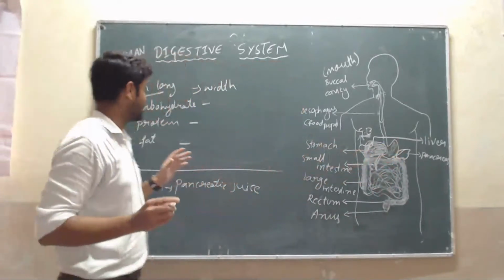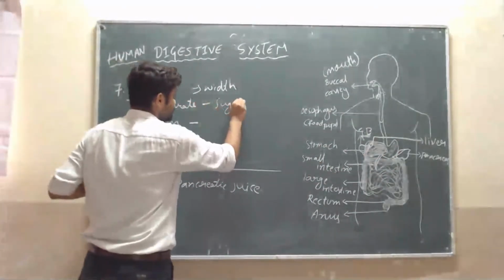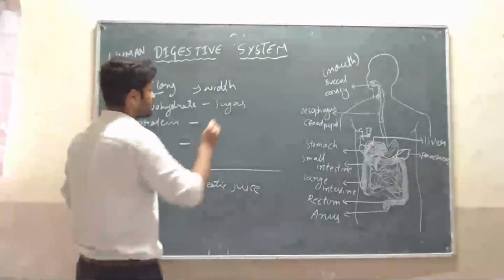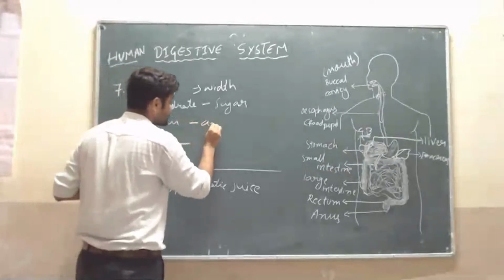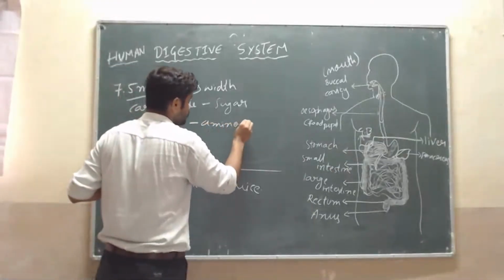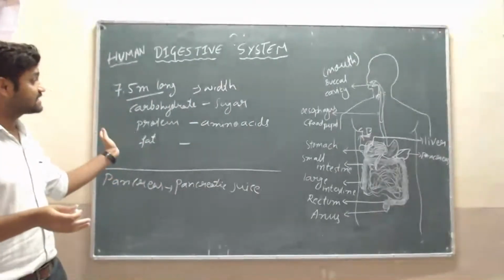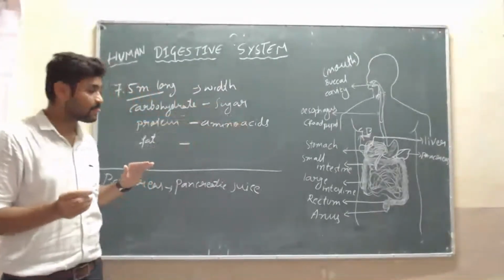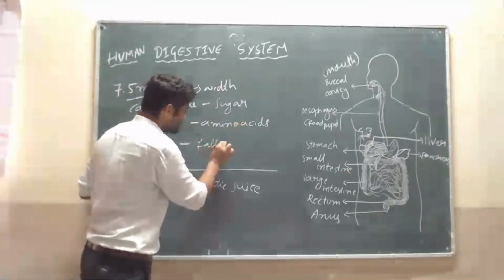In the small intestine, the carbohydrates are digested to sugar, then proteins are digested into amino acids, then fats are digested to fatty acids.